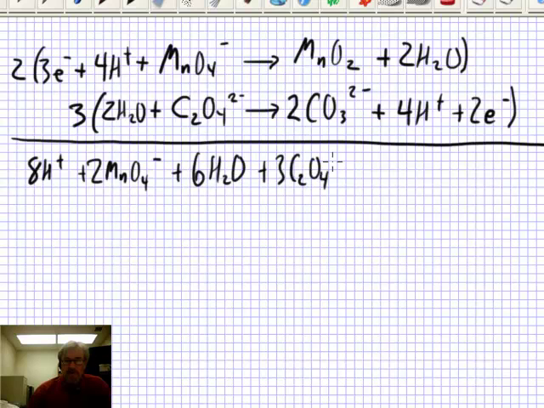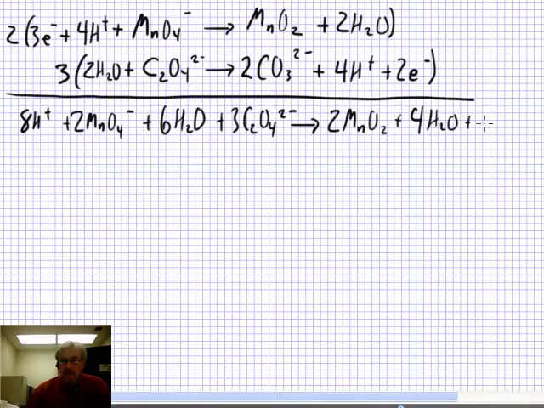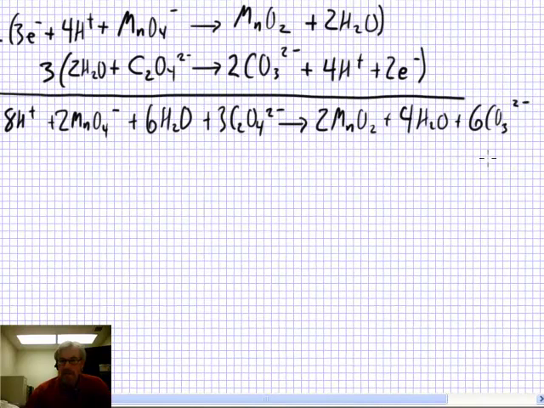On the product side, 2 MnO2s, and 2 times 2 is 4 waters, and 6 carbonate, and 3 times 4 is 12 H pluses. Now I can clean this up a bit because I have 8 H pluses on the left and I have 12 on the right. So I can just get rid of the 8 on both sides and change the 12 to a 4 H pluses.